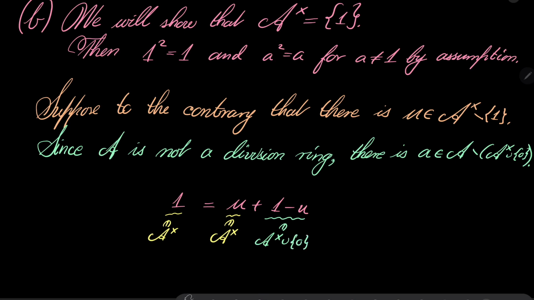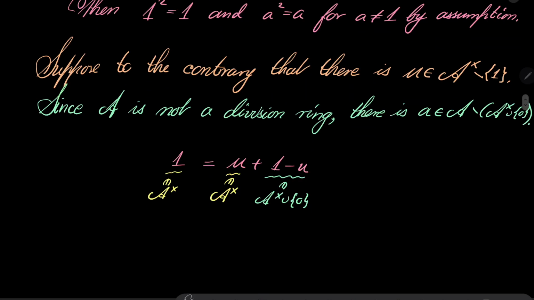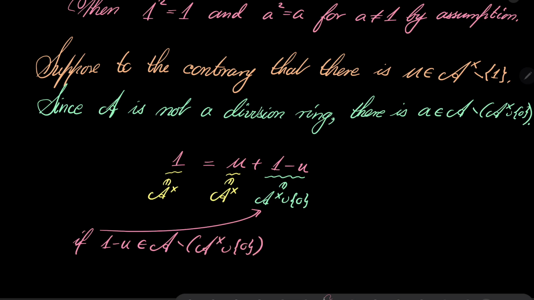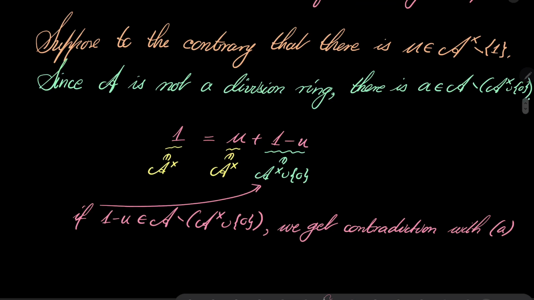Why is that, you may ask? Well, let's explain this. If 1 minus U were in the ring but not invertible and not 0, then we immediately get a contradiction with part A. Because then we have a unit, we have a non-unit, and some of them is a unit once again.